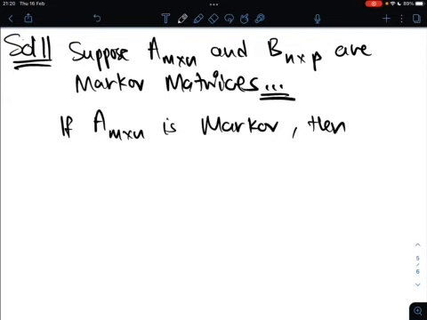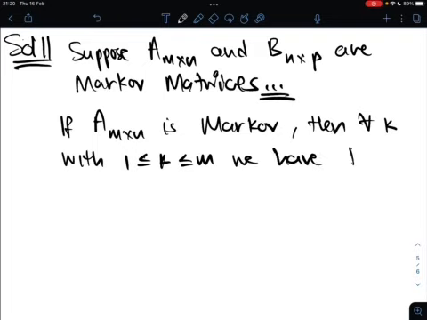Then for all k, so we know that if A, an m by n matrix, is Markov, then for all k, with k running through all the rows of A, so with k greater or equal to 1 but less than or equal to m, we have that the sum of A_kj is equal to 1 for all j.